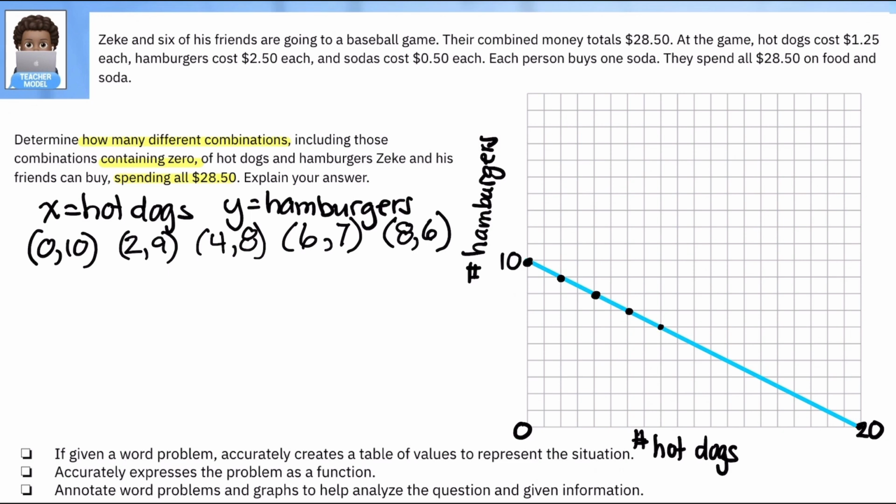Okay, so all I'm going to do is list all of these combinations. This one is 0, 0. And seeing that, I can now answer how many different combinations there are. Well, there's 1, 2, 3, 4, 5, 6, 7, 8, 9, 10, 11 combinations.